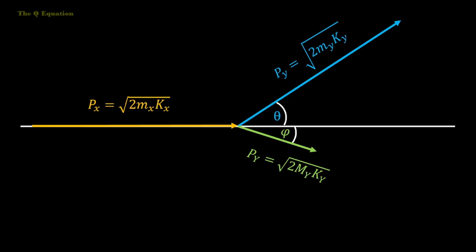According to the principle of conservation of momentum, the total momentum after the interaction must equal the total momentum before the interaction. Before the nuclear reaction, the total momentum is just the momentum of the projectile because the parent nucleus is stationary and has no momentum. So Px represents total momentum before the nuclear reaction, and after the nuclear reaction, Py is the momentum of the outgoing particle and this is the momentum of the daughter nucleus.